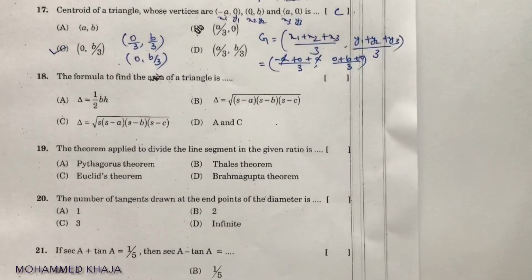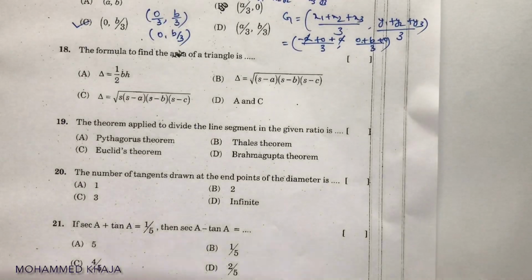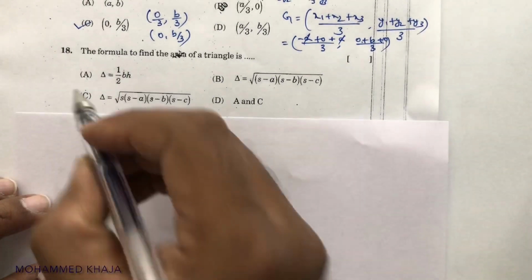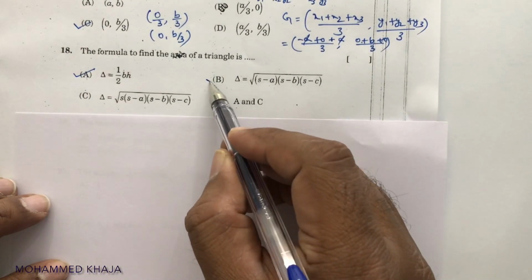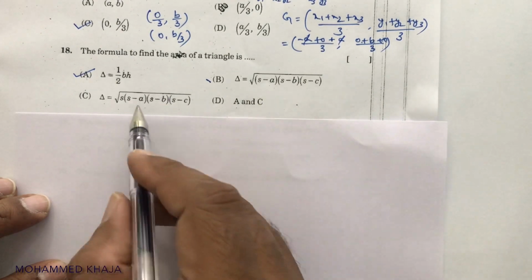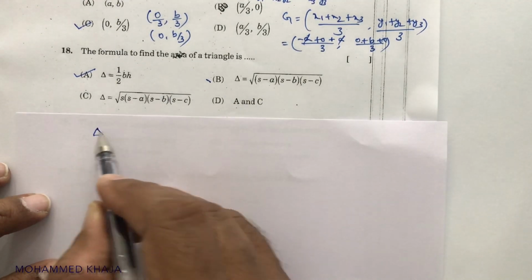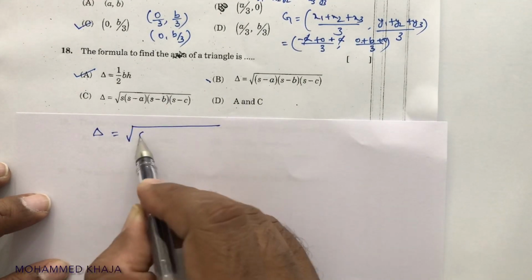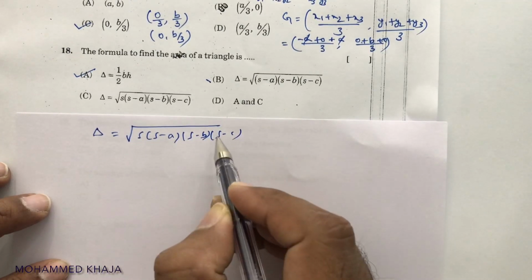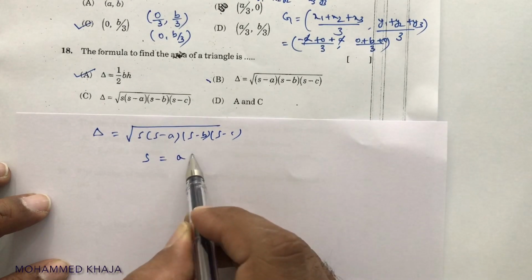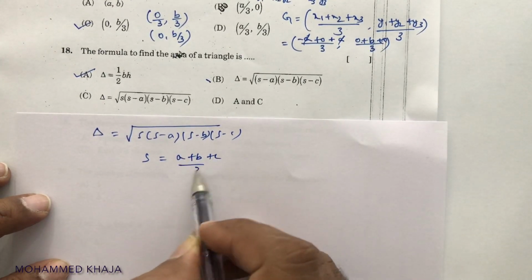Next question is area of a triangle. See here, area of a triangle, this is the correct formula. And if it is a scalene triangle, this is also, sorry, Heron's formula, this one: under root S into S minus A into S minus B into S minus C, where S is nothing but A plus B plus C by 2.